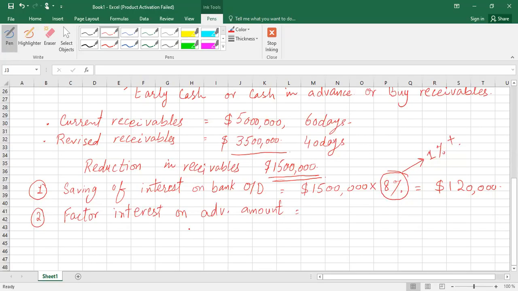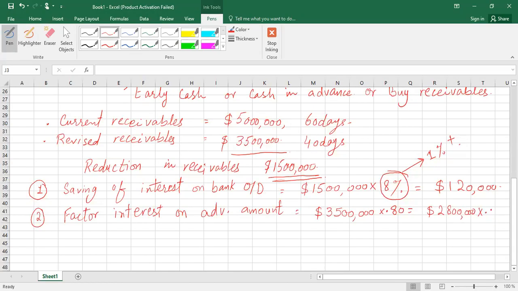But whenever you are calculating factor interest on the advance amount, you will take the revised receivables. Suppose they are ready to provide you 80% of this advance. So 80% of 3.5 million, which is 2.8 million.